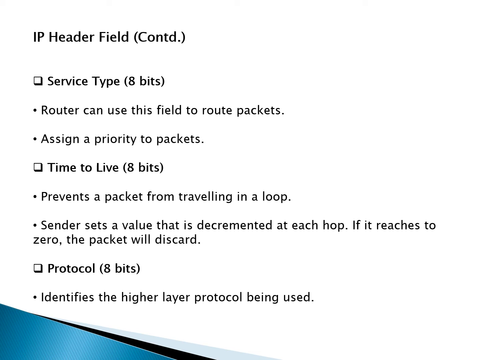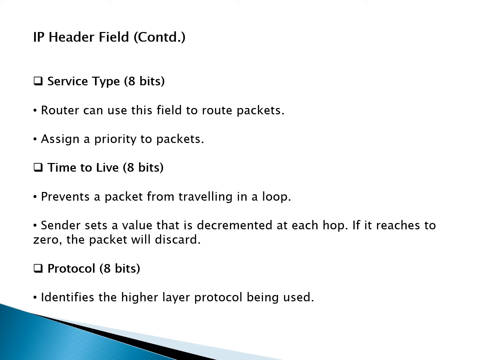Some nodes might go down. Sometimes the routing table might get corrupted. So what might happen? Instead of going in the right direction, the packet might accidentally go in the wrong direction.